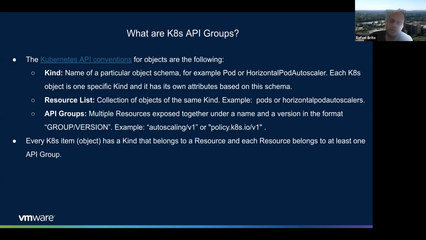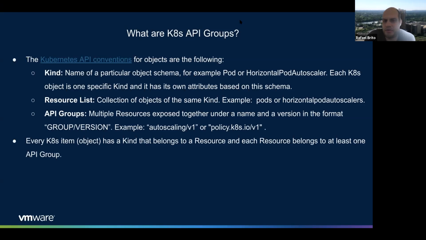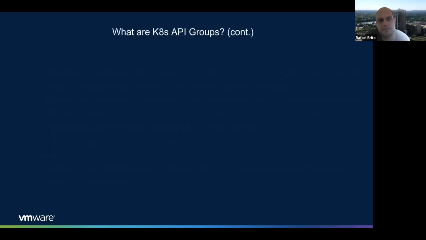So, long story short, the dependency tree is that each item is a kind that belongs to a resource, and a collection of resources belongs to at least one API group. Next, please. So horizontal pod autoscaler belongs to horizontalpodautoscalers, which belongs to autoscaling/v1. It's an example. Next, please.